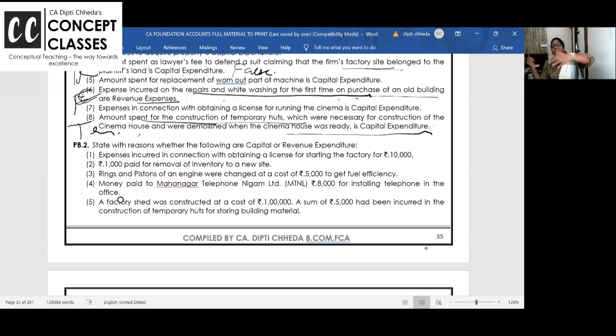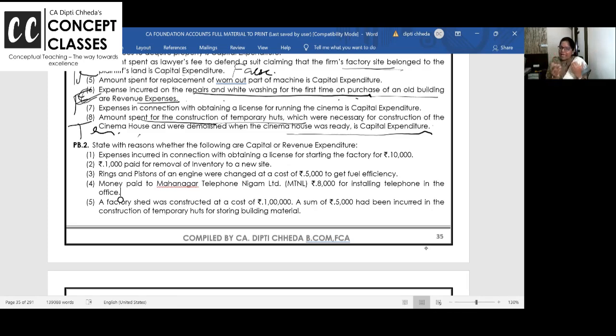Once the building is ready and the parking lot and all you have to make, then that is demolished. So for making that temporary structure to do the proper watering, nowadays plastic is put up, wooden, bamboo pillars are put up so that you can climb up. These are the temporary structures which are going to be demolished once the building is ready.